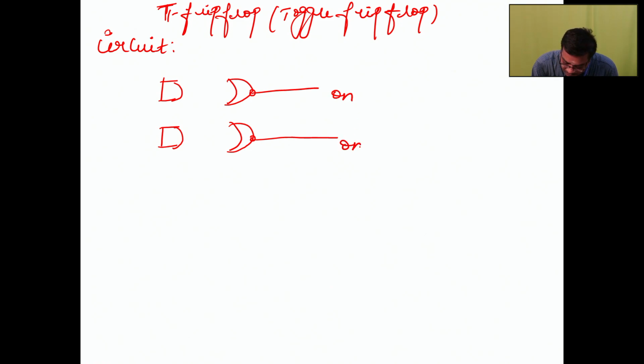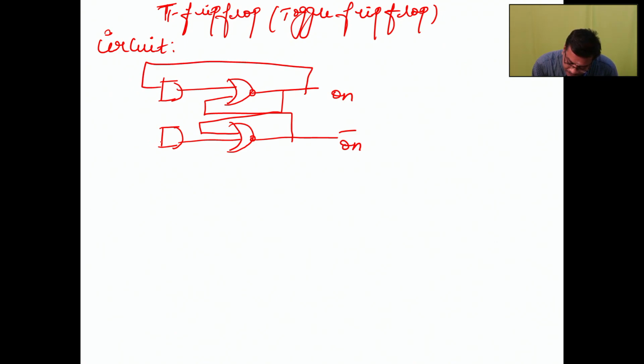Qn and Qn bar. So clock pulse equal to 1.